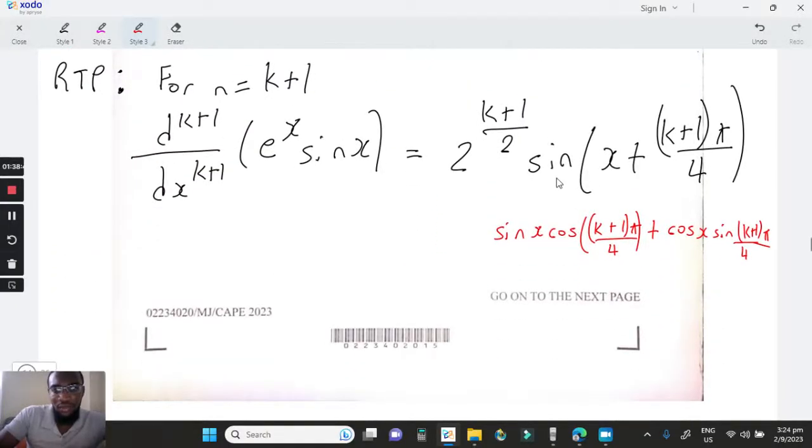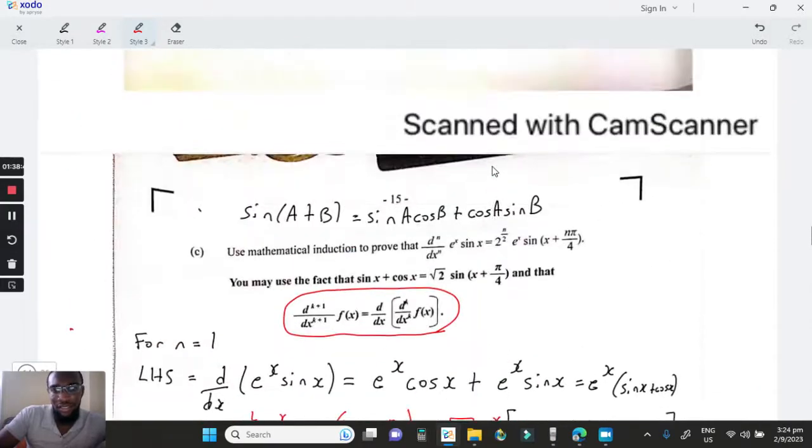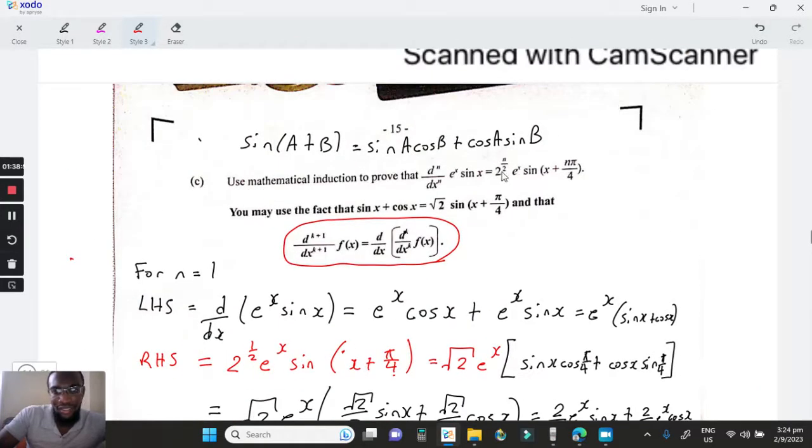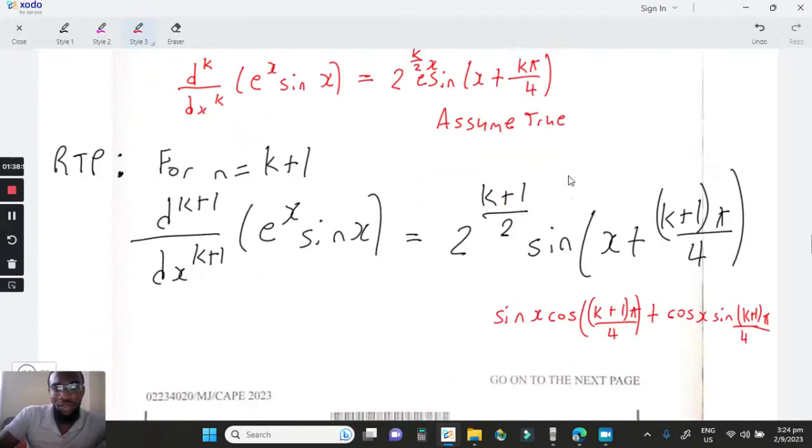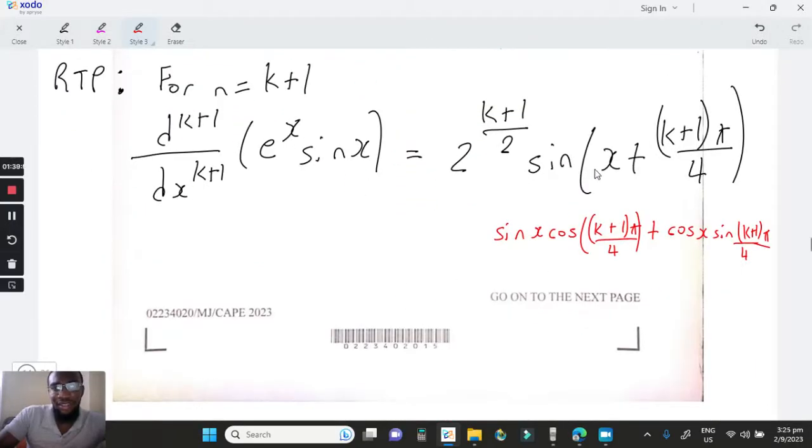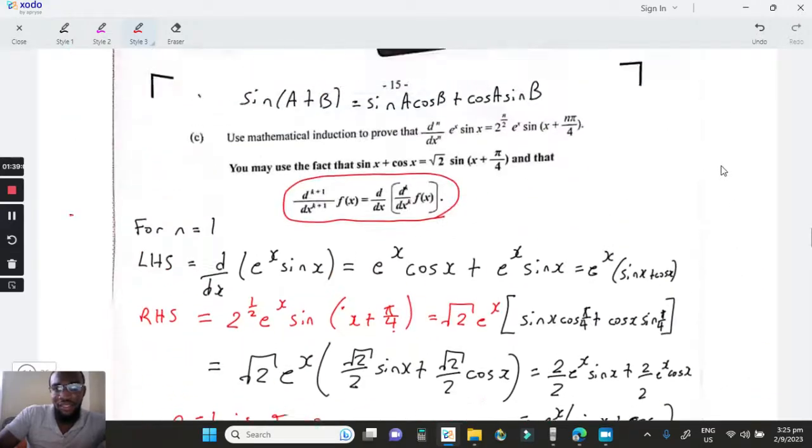It's supposed to just be the sine. That's all. So it's supposed to just have 2 to the k plus 1 e to the x sine x plus k plus 1 pi over 4. So basically, this part right here, when we expand it, that's what you would get.